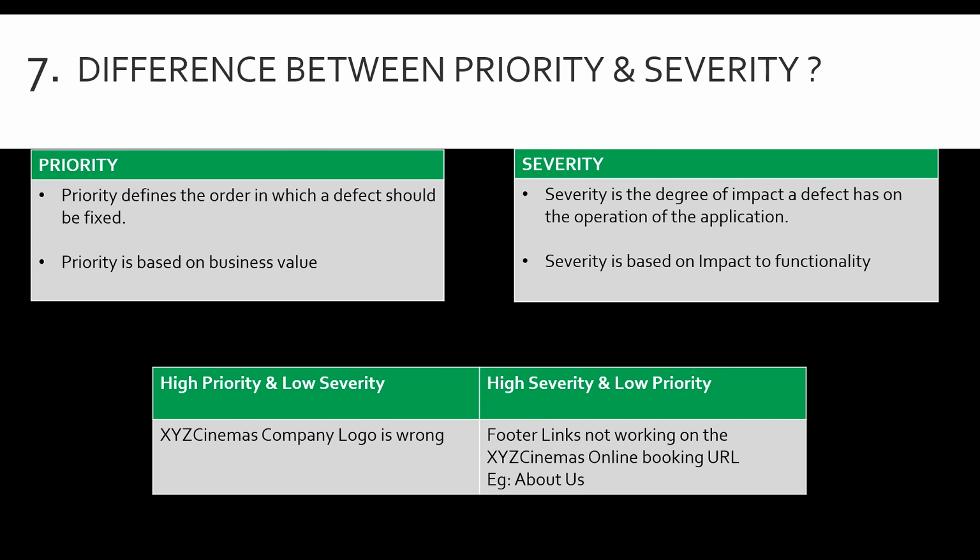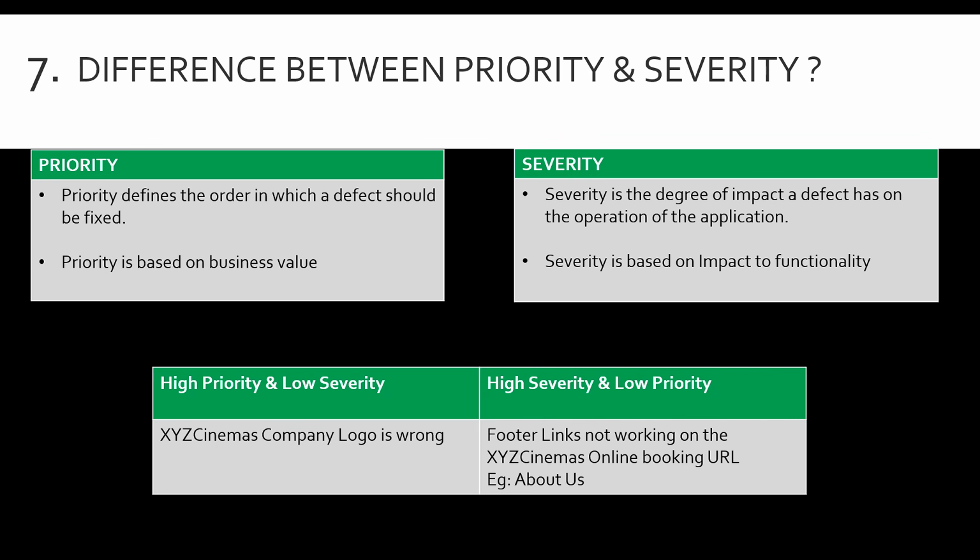So the severity is very low, but the priority is high because if the company logo is not the correct one, the customers visiting the XYZ Cinemas online booking website may think, you know what, this is not the website, or this may be a scammy website, and this will prevent the usage of this particular online booking service by the customers. So from a business perspective, it is a very high priority and it needs to be fixed. So this is one of the key examples which can be given.